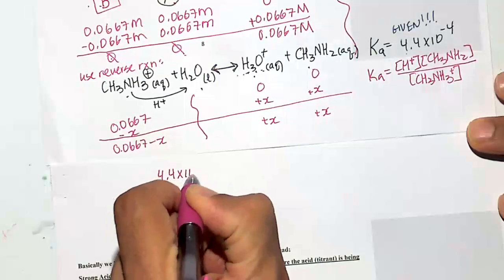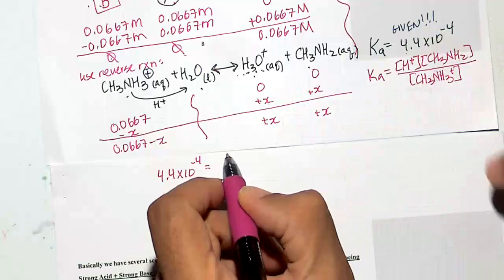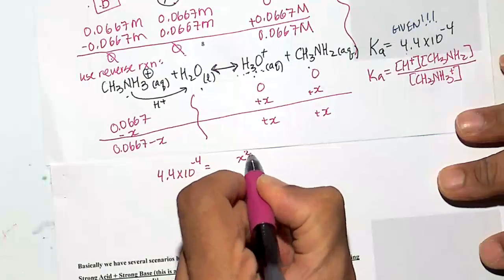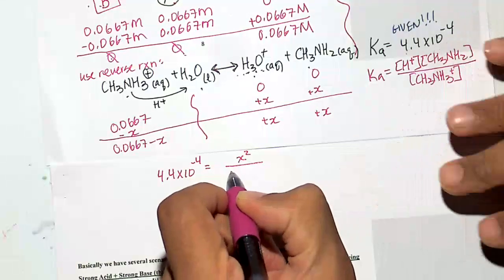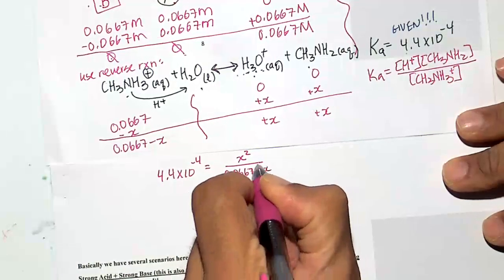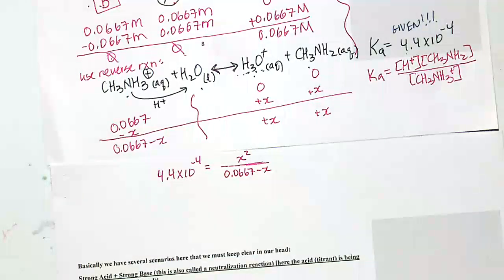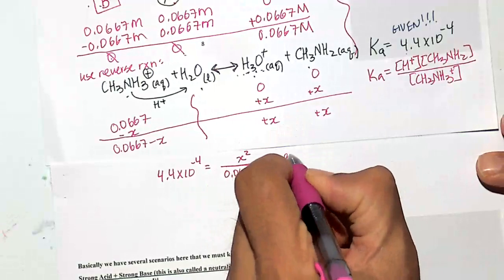Ka, which I'll give you guys, is 4.4 times 10 to the minus 4. H plus is x, CH3NH2 is x, x times x is x squared, divided by 0.0667 minus x. And then here we'll use our low ionization assumption and assume x is small.